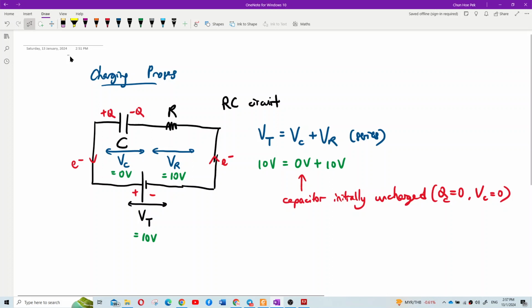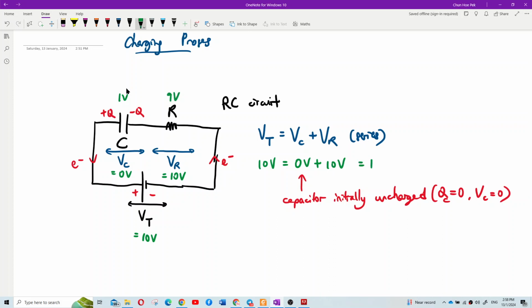How should I put it? Let me put it this way. So it starts to charge, this one becomes 1 volt already. Capacitor becomes 1 volt, so the resistor becomes only 9 volt. Understand? Because it must always be 1 volt plus 9 volt. The total must always equal 10.